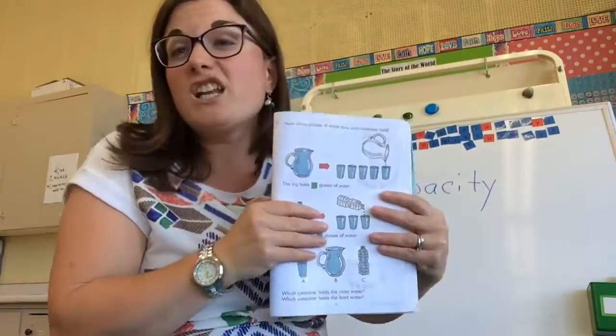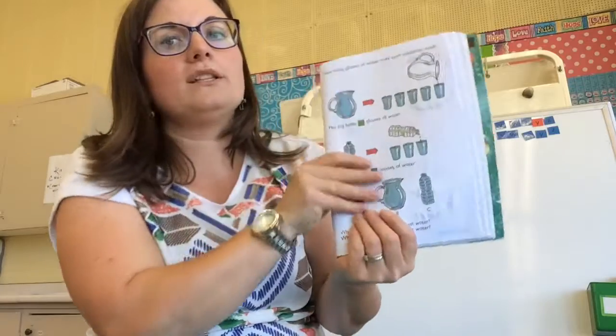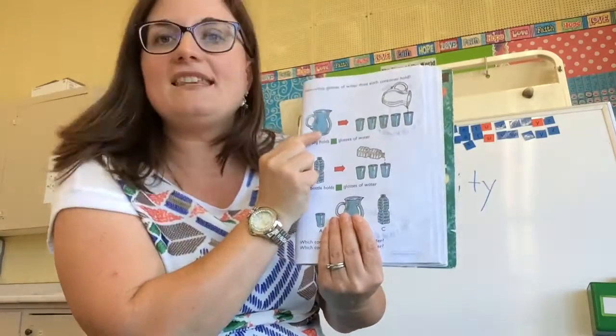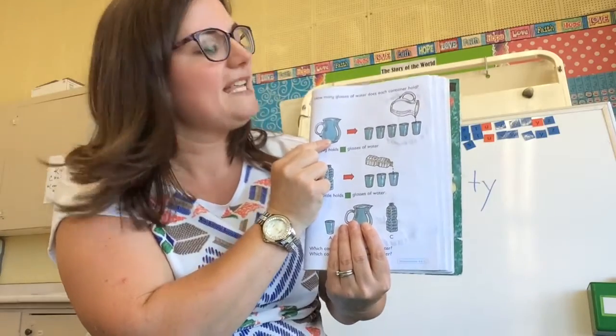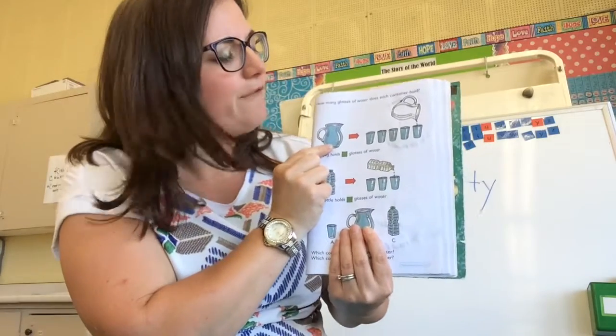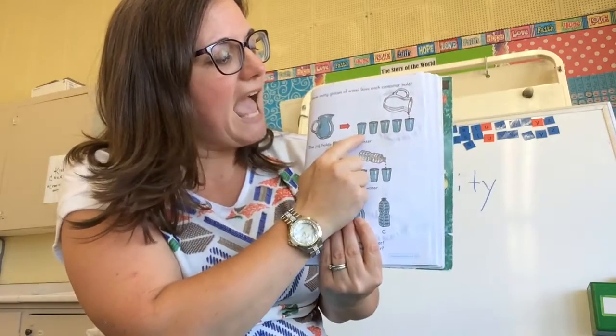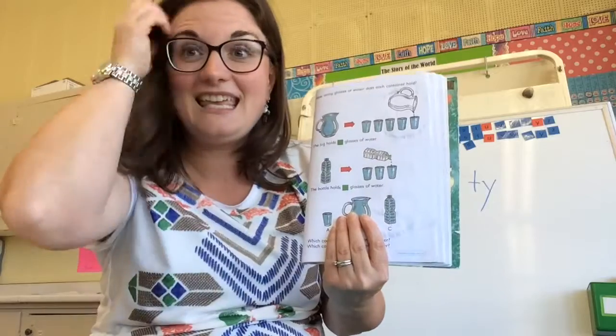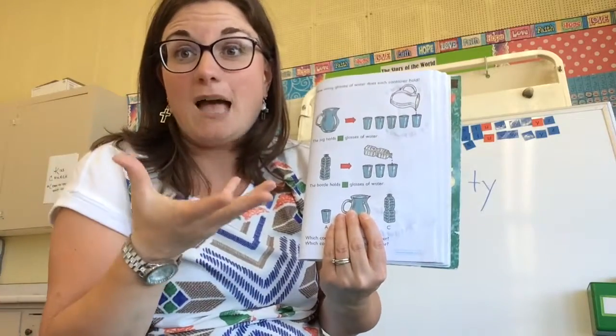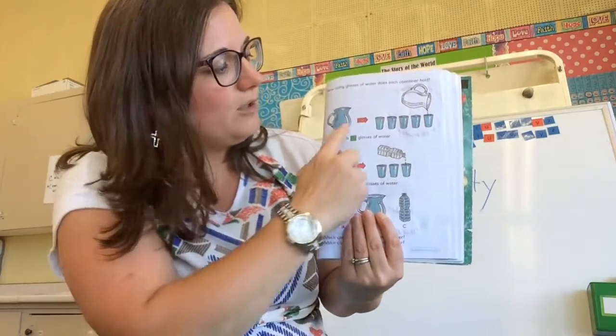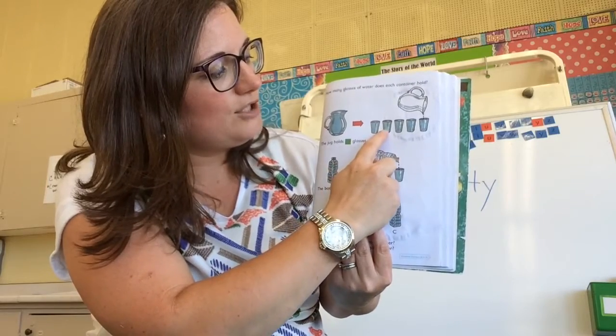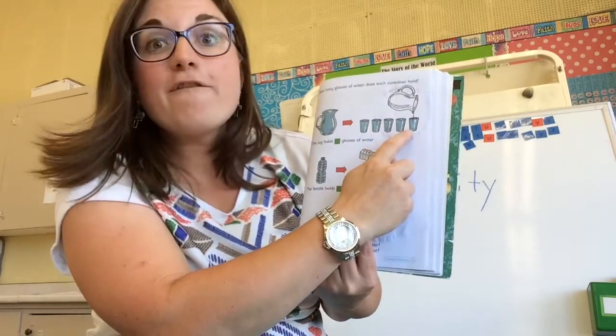Now, if we want to know how much water it actually holds, we could take this jug, and you could do this at home, ask your mom for a jug and fill it up with water and see how many cups it takes to empty the jug. How many cups of water can this jug hold? Well, let's look here. 1, 2, 3, 4, 5.